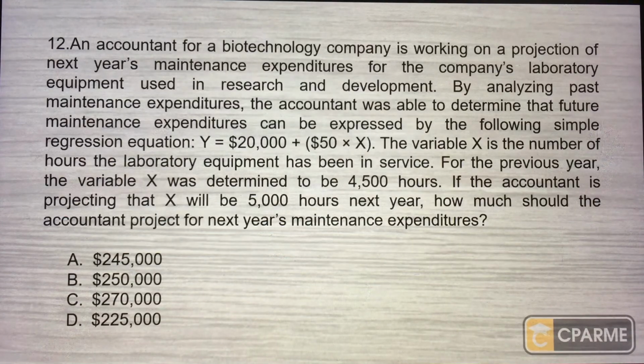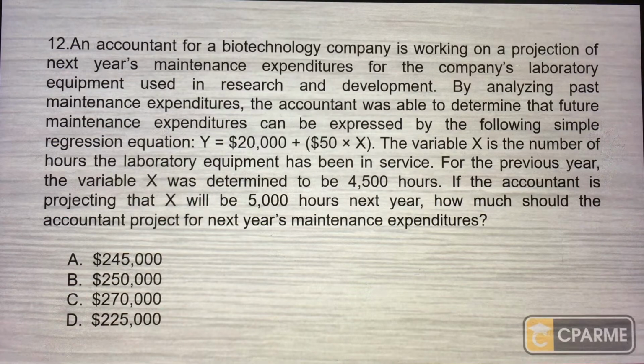Next, if the accountant is projecting that X will be 5,000 hours next year, how much should the accountant project for next year's maintenance expenditures? An accountant for a biotechnology company is working on a projection of next year's maintenance expenditures for the company's laboratory equipment used in research and development.